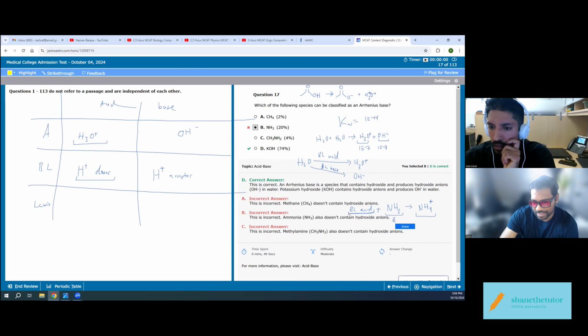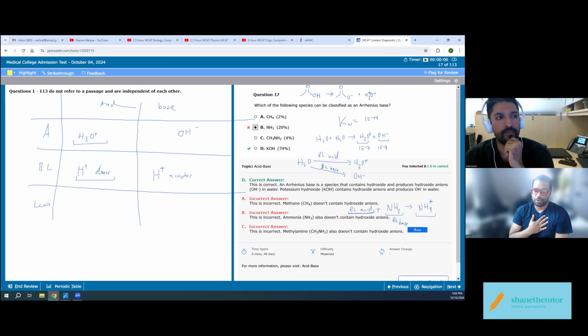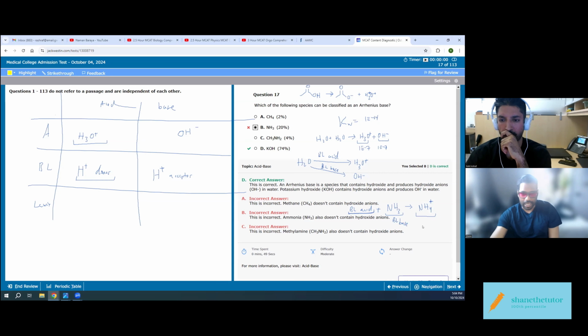This would be the Bronsted-Lowry base because it's accepting a proton, and it produces this ammonium ion, right? So now this is an example of a Bronsted-Lowry base that is not an Arrhenius base because we're not creating hydroxide this time. We're creating ammonium.